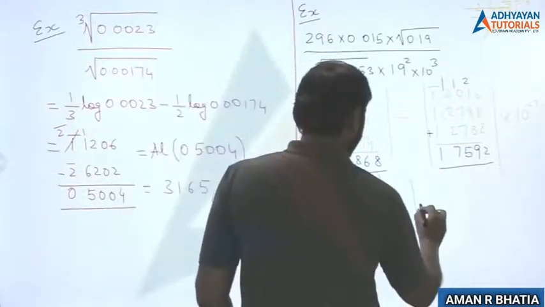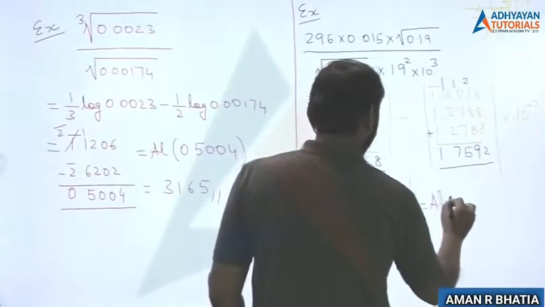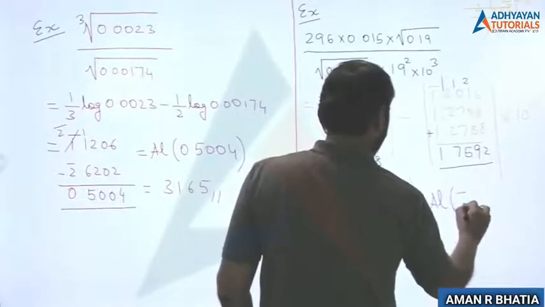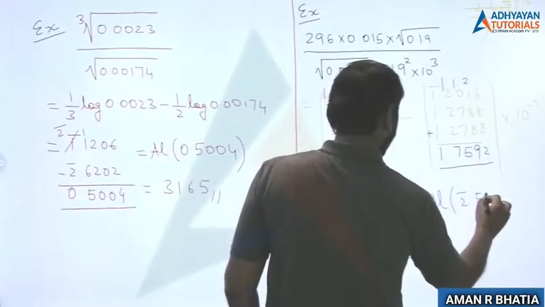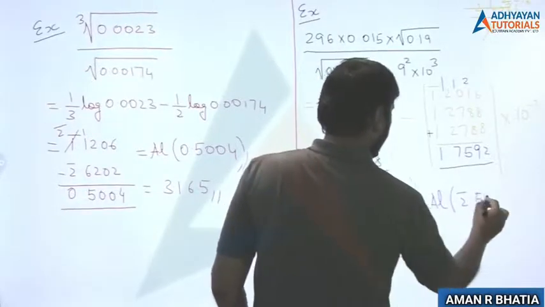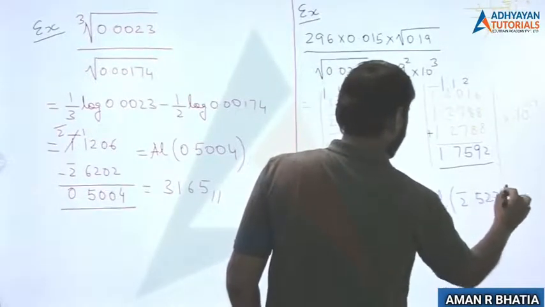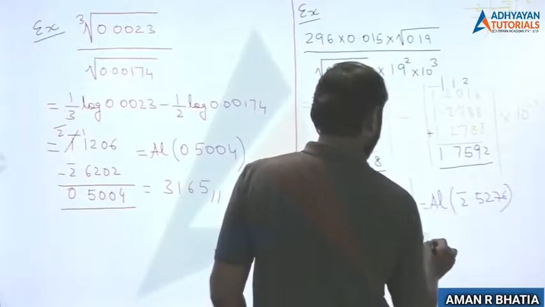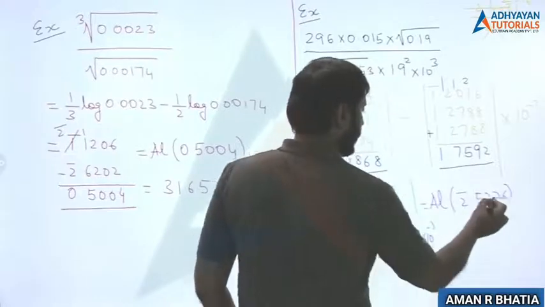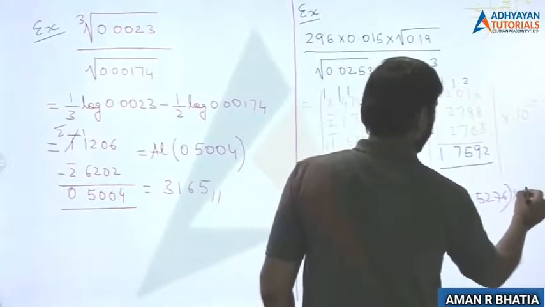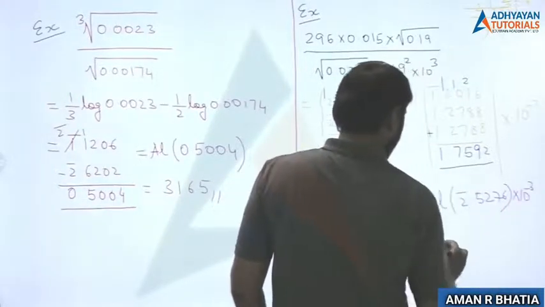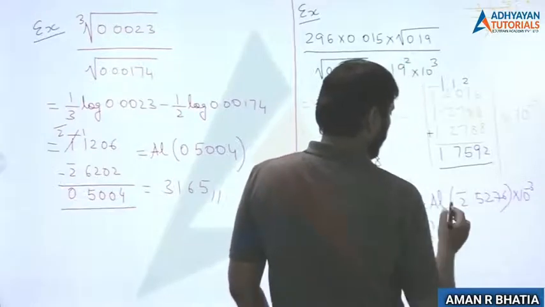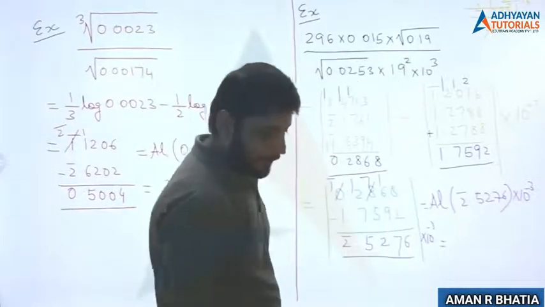So now I know it is nothing but the anti-log of bar 2.5276, and what I have here is already 10 to the power minus 3, which I write here also. So now this is equal to 0.5276.